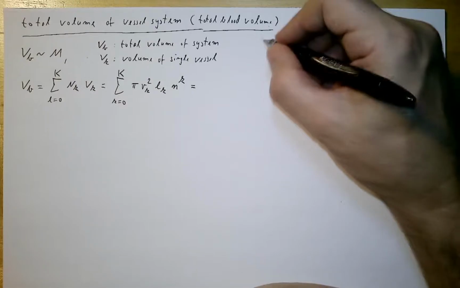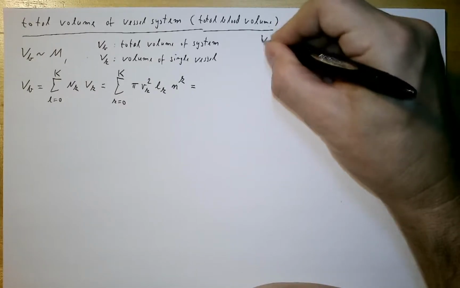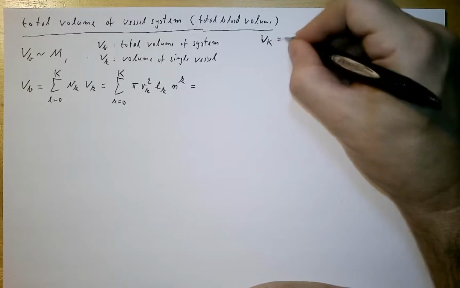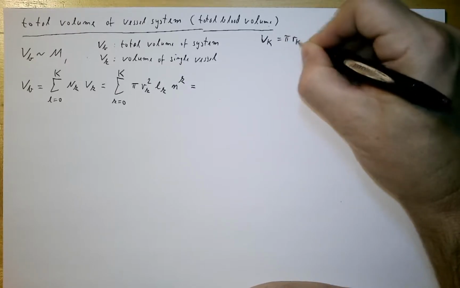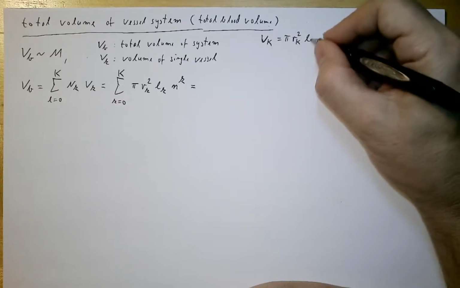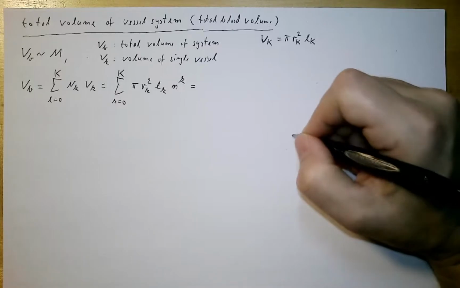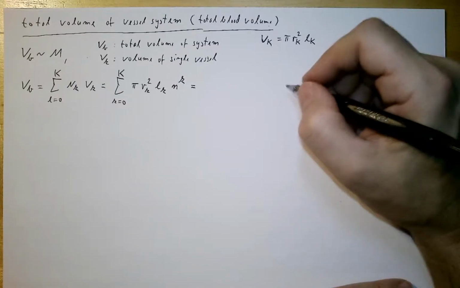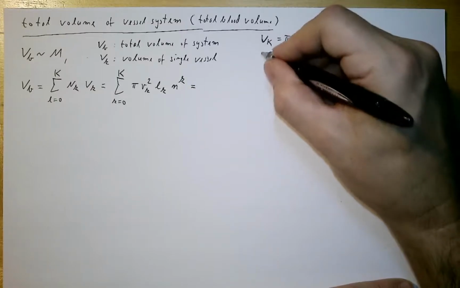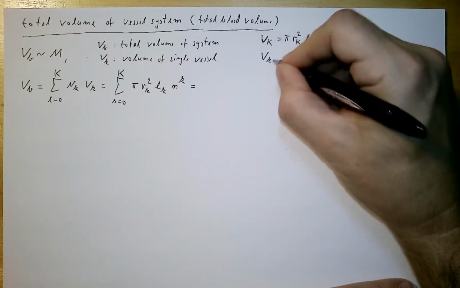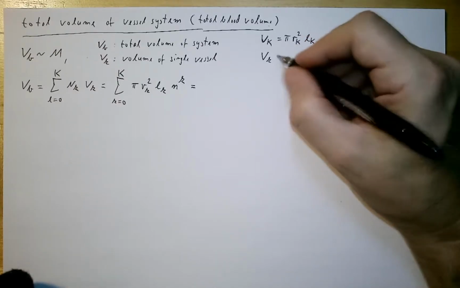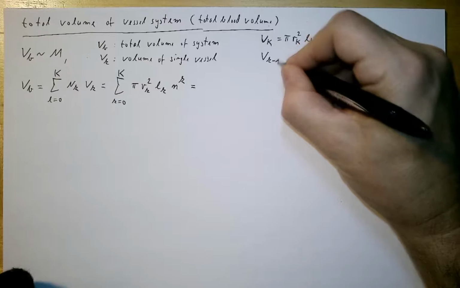So let us write this here. What is the volume of a capillary vessel? That is pi R capital K squared L capital K. And then what's the volume at one level smaller, at level K minus 1?